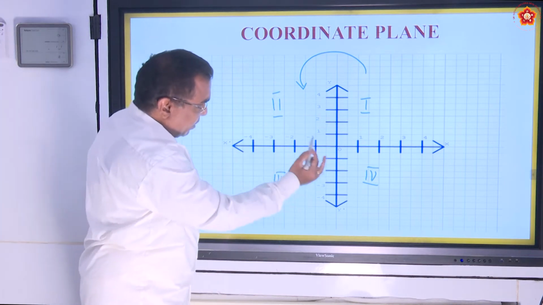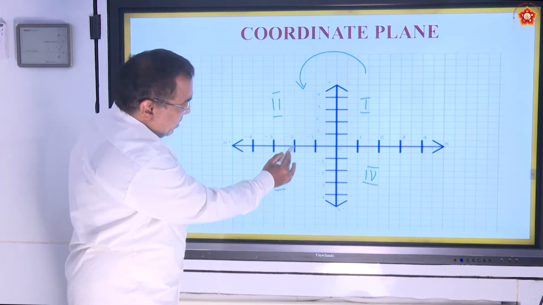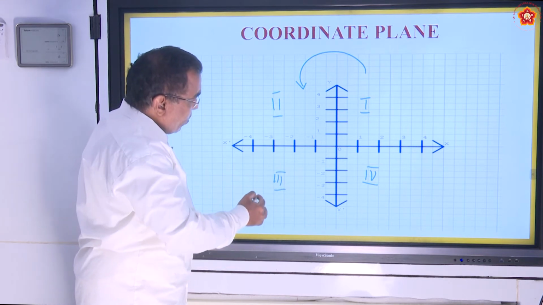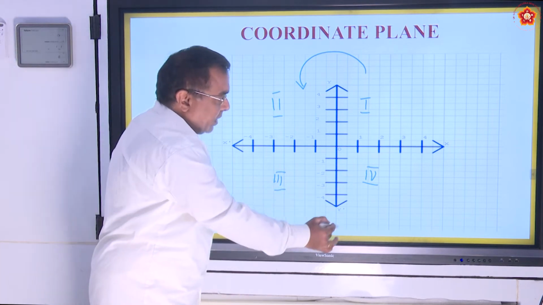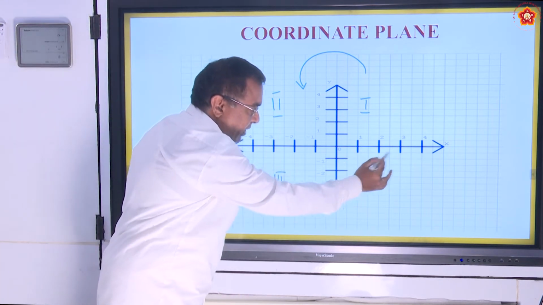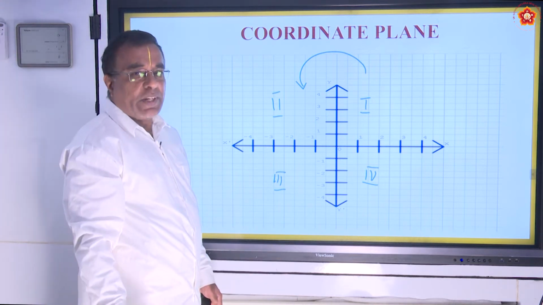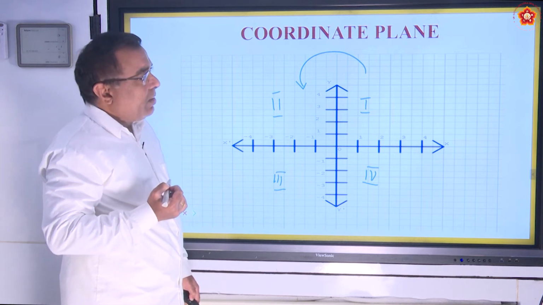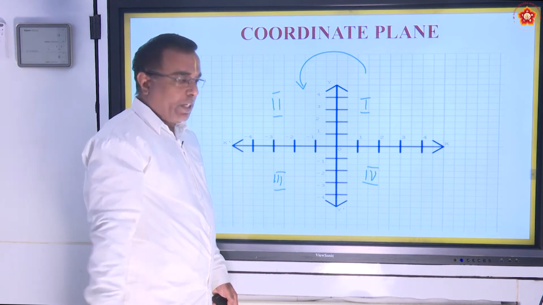Similarly, for the third and the fourth quadrants, you can see that in the third quadrant, both the x and the y values of the coordinates are going to be negative and negative, and for the fourth one, it's going to be positive and negative. So usually it is conventional to write the sign of the x coordinate first, followed by the sign of the y coordinate.